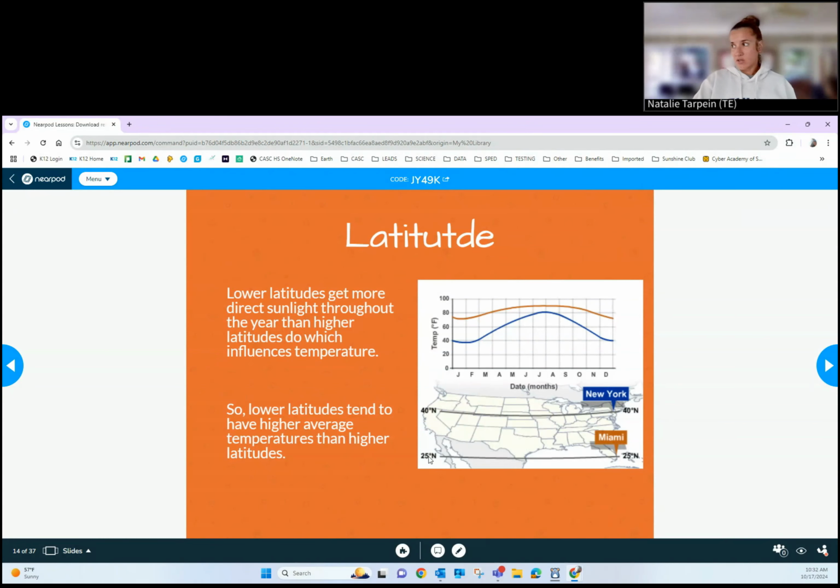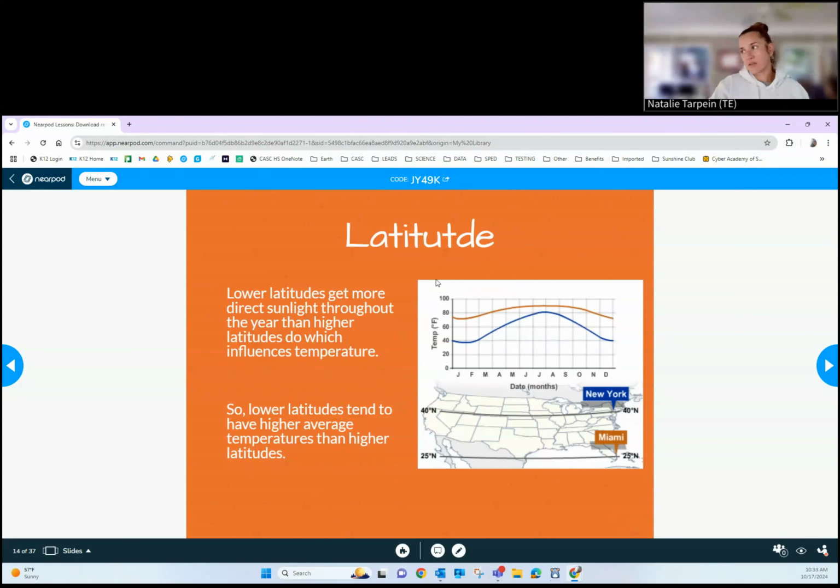Latitude has a major effect on climate because the further you are from the equator, basically, the further away you are from the sun. And we know the equator is where it gets the most direct rays of sunlight. So lower latitudes tend to have higher average temperatures than higher latitudes.